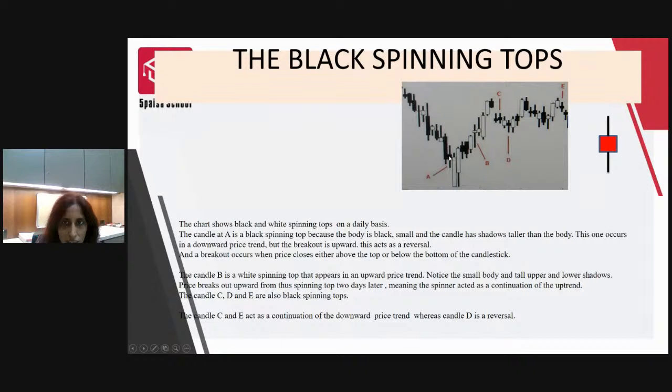It occurs in a downtrend. The breakout, if you see, is up, so it is indicating a reversal. A breakout occurs when prices close either above the top or below the bottom of the candle. That is where you can see a reversal.